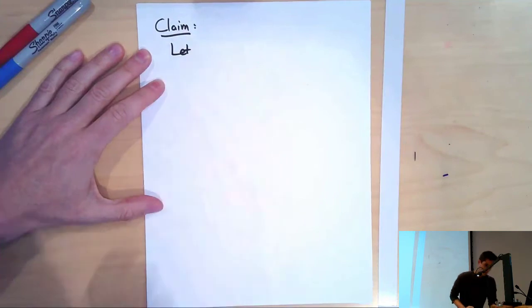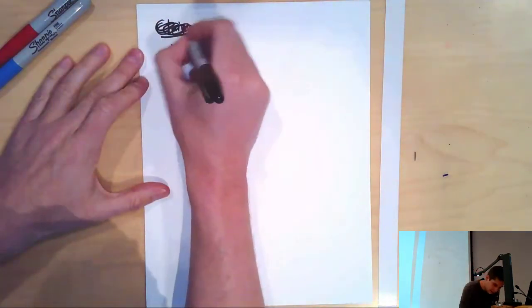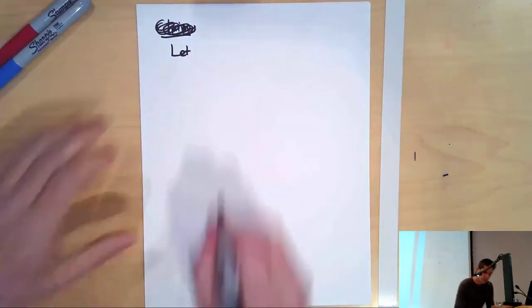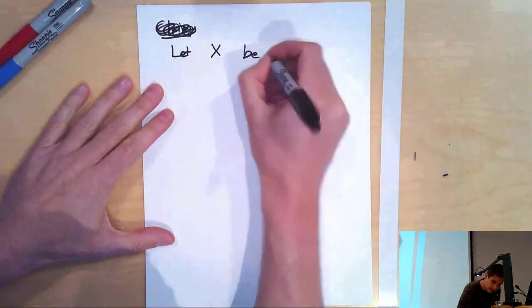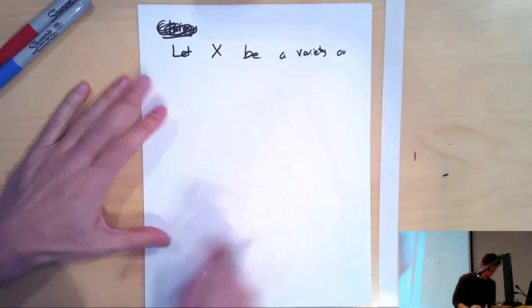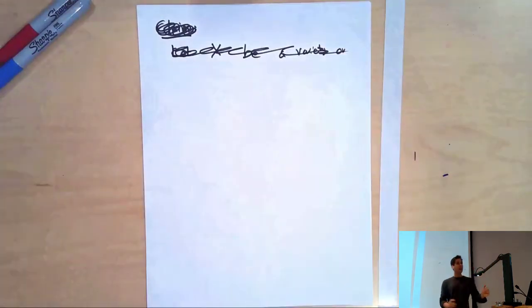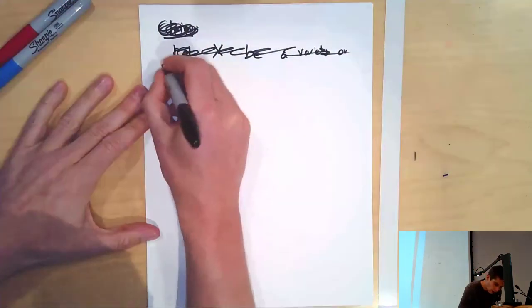I won't make the claim yet. So first, some setup. So let X be a variety. Actually, let me start by just recalling something that we said in the previous lecture. So recall.